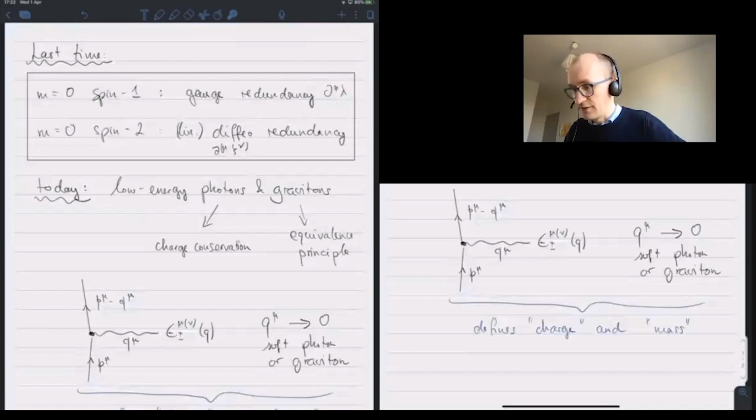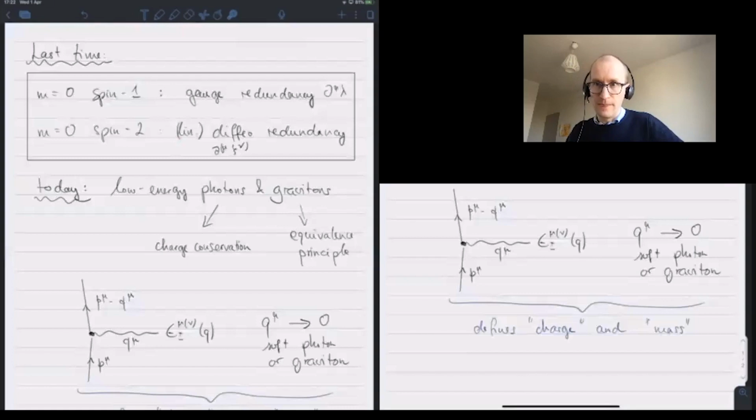The redundancy was now a shift by the derivative d mu on the parameter xi nu. And for symmetry reasons, what we actually find is the symmetric derivative, so d mu xi nu plus d nu xi mu. We recognize this as being the linearized diffeomorphism redundancy that is familiar from more elementary treatments of gravity.